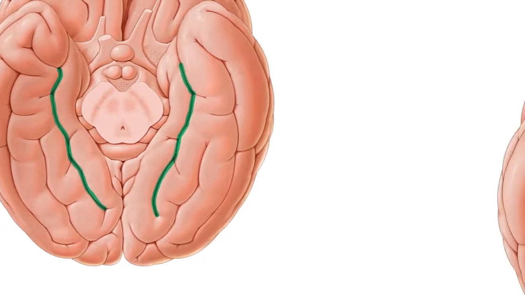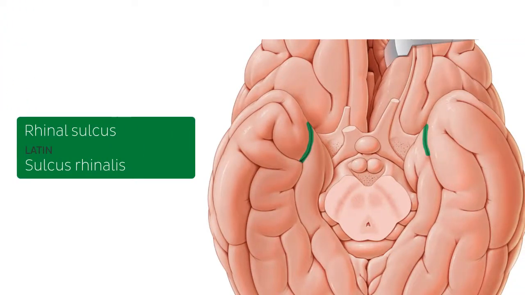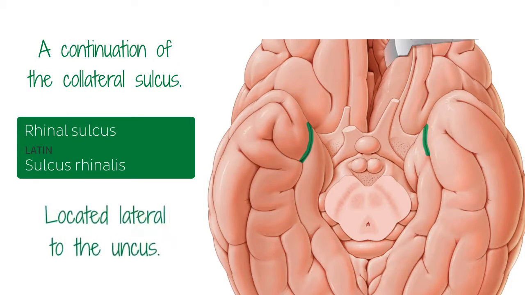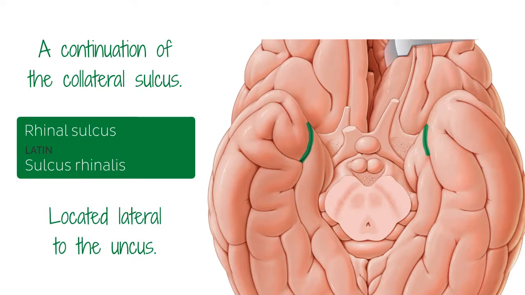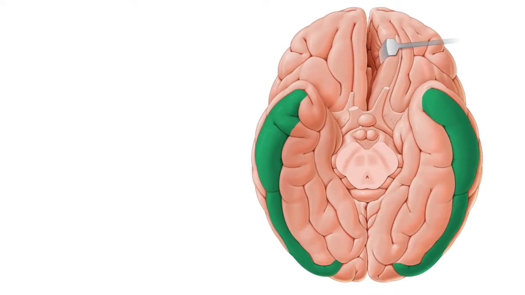Next, we're going to be highlighting this structure here, which is known as the rhinal sulcus, which is a continuation of the collateral sulcus. It is located lateral to the uncus, at the anterior part of the parahippocampal gyrus, separating it from the fusiform gyrus.